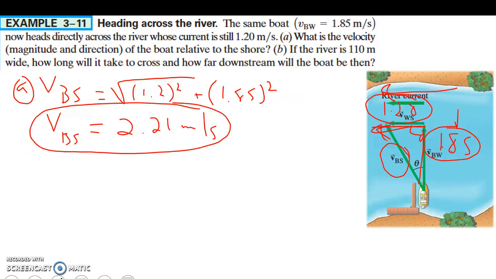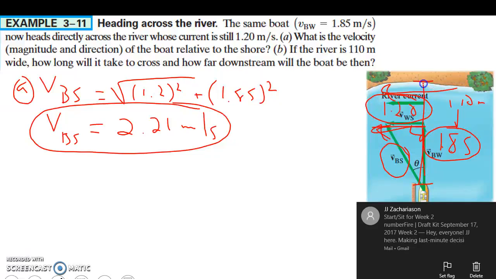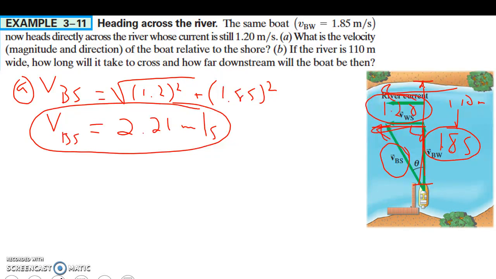And if I want to know time to get there, I have to look at my distance across. It's 110 meters. So how long does it take me to go 110 meters if I'm going that way? So for B, the first thing I want to think about is this distance.